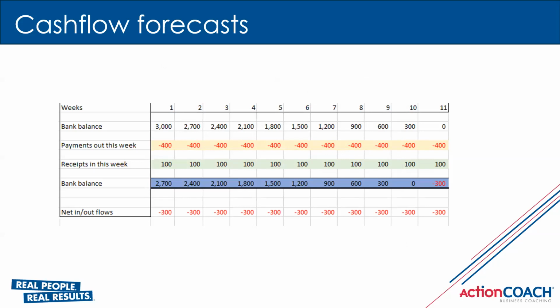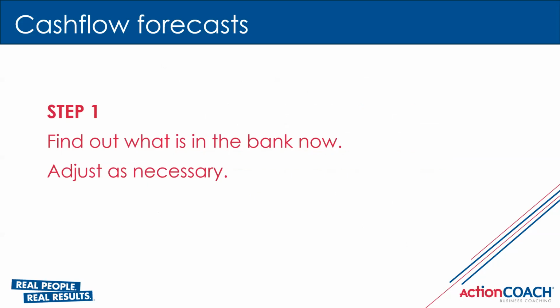So how do we prepare this? The first thing that we do is we find out what we've got in the bank today. This is everything you have in the bank.